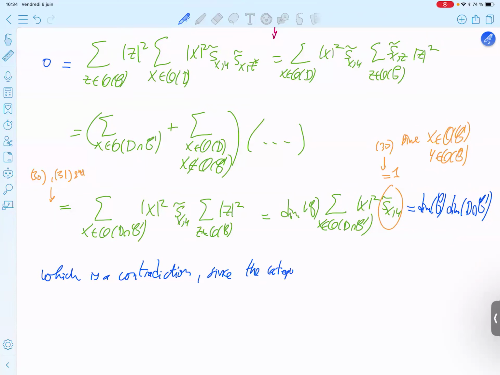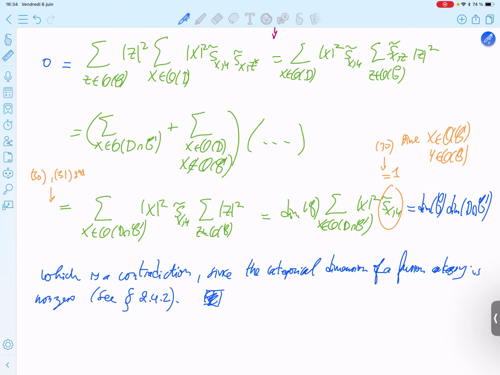The categorical dimension of a fusion category is non-zero. So we mentioned that in subsection 2.4.